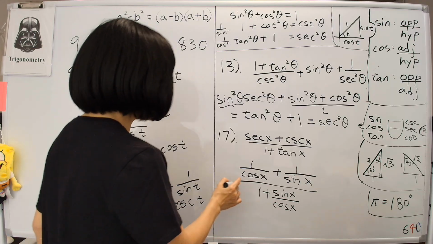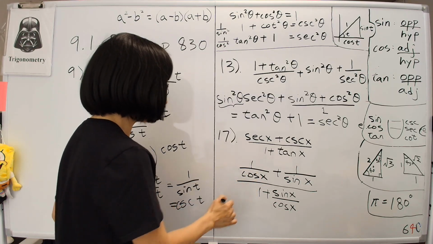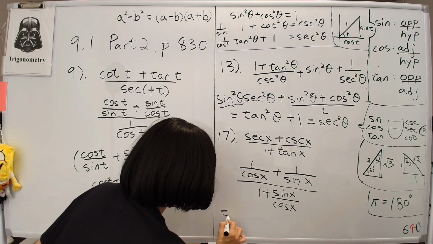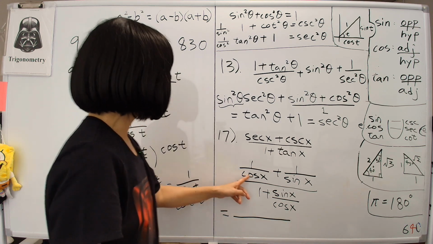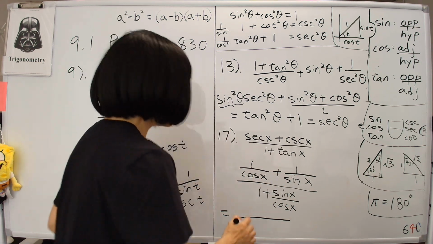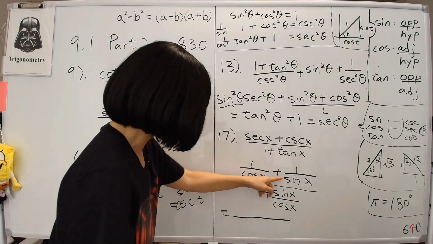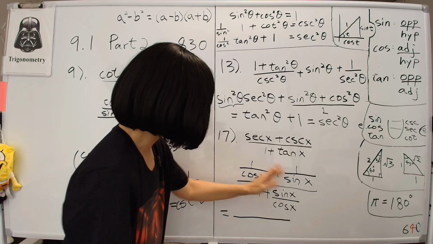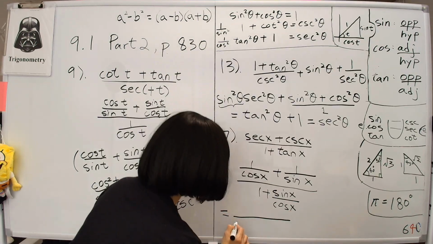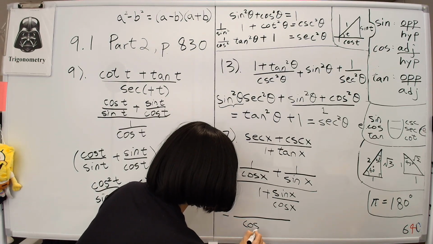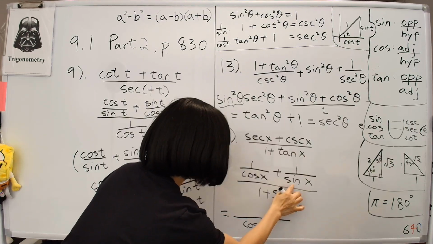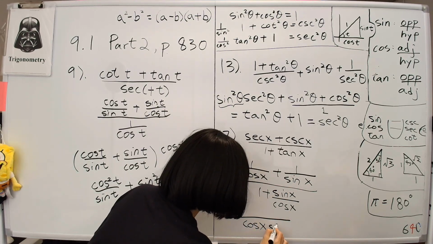Now first we're going to do the numerator by writing down the common denominator. We're going to combine it into 1 fraction, so just this part on top. We'll multiply what's on the bottom together, so we'll have cosine x sine x.